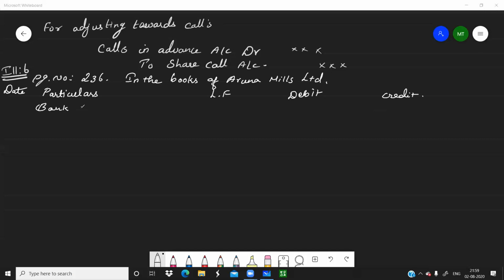So first journal, as usual: application. Bank account debtor to share application account. So how much? Issued 20,000 shares payable as follows: 20,000 into 4 per share on application. 4 eights are 32, so 80,000.